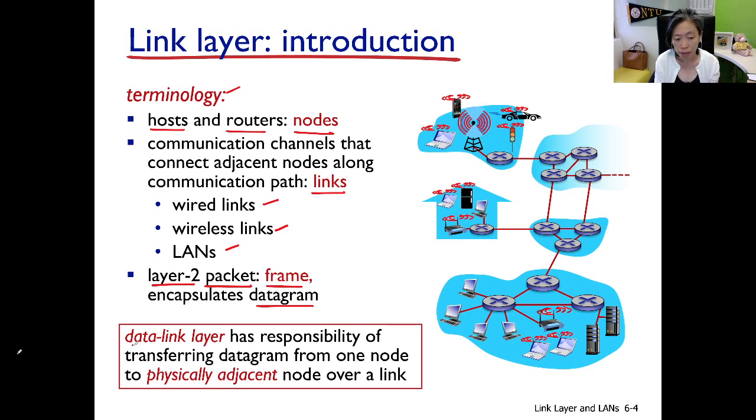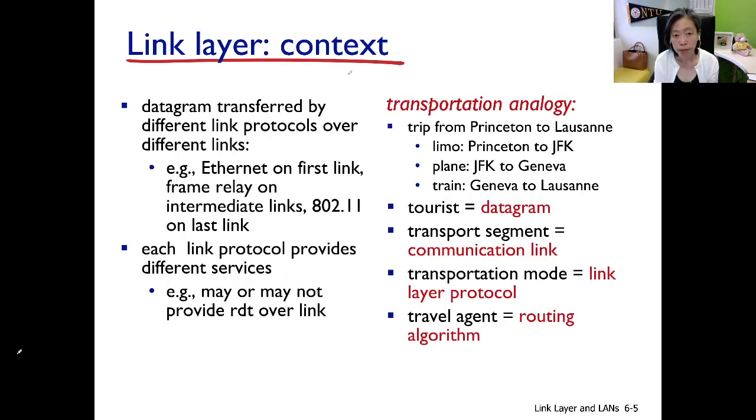So in essence, in the data link layer, what we do is transfer a datagram from one node to another node over a link. And these nodes are physically adjacent, close by. What's interesting about the link layer is this.